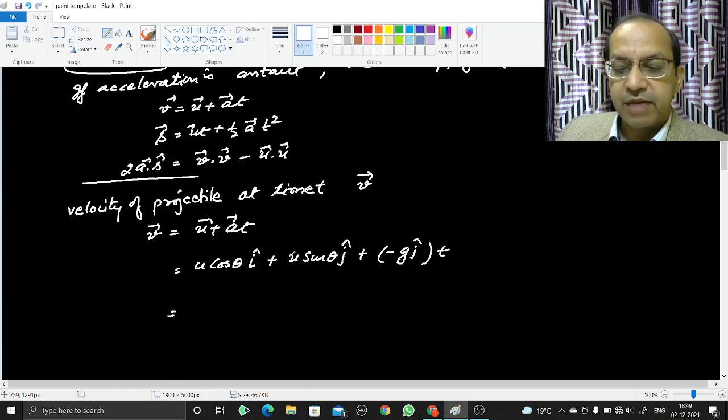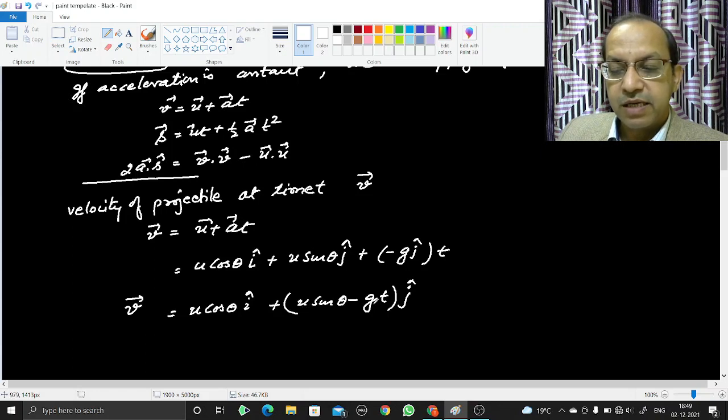Collecting the i cap and j cap terms, it will be u cos theta i cap plus (u sin theta minus gt) j cap. This is the expression for the velocity of a projectile at any time. That means the x component is u cos theta and the y component is u sin theta minus gt, which decreases with time.